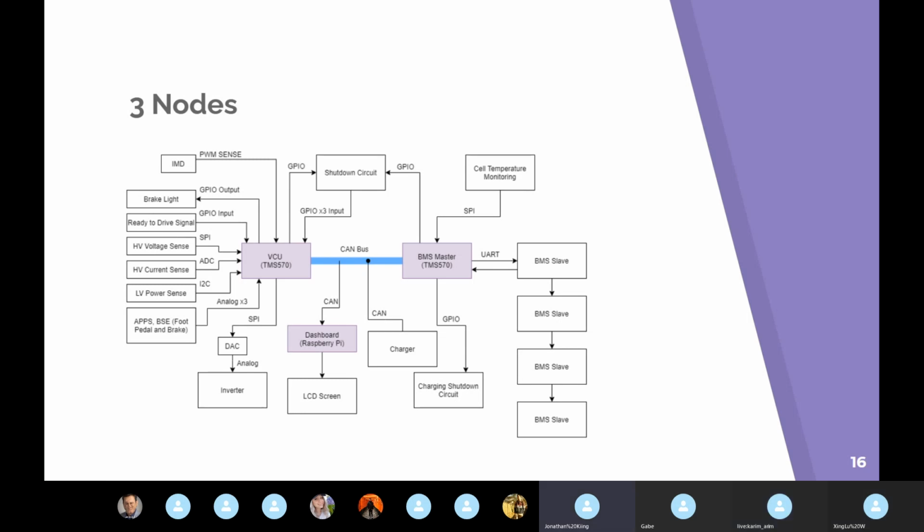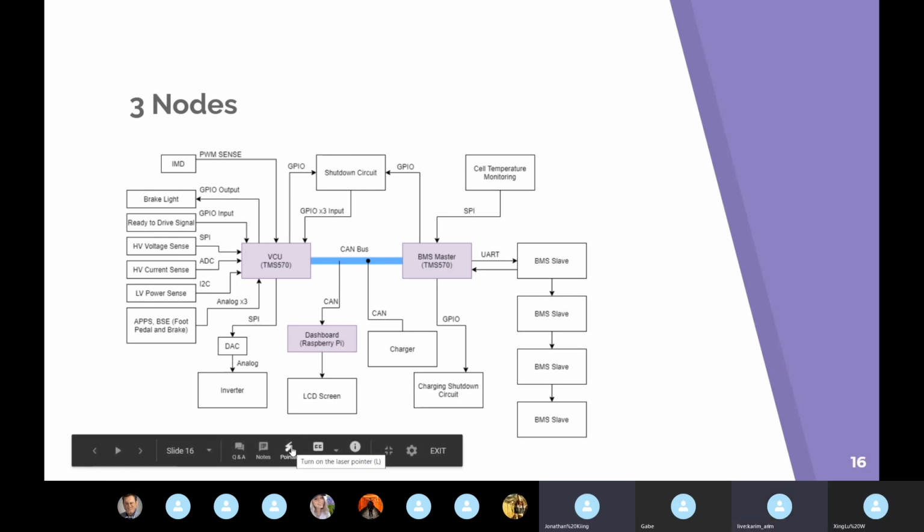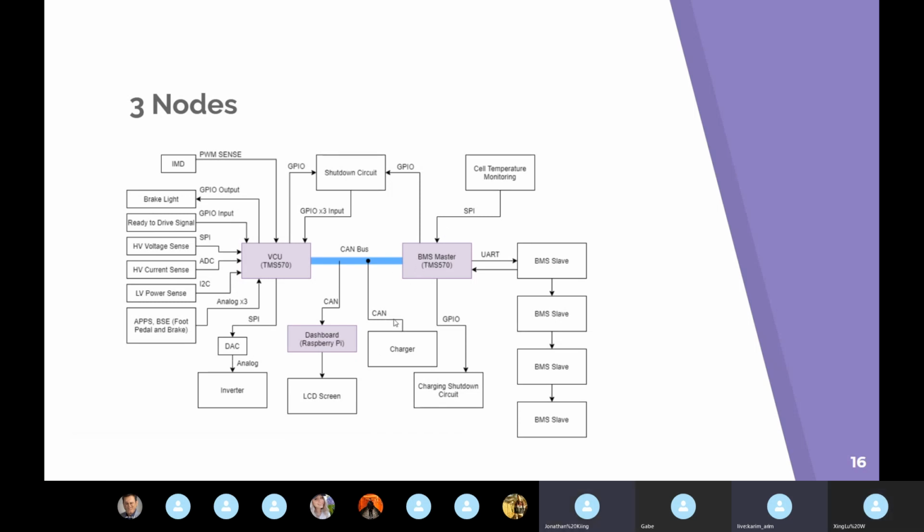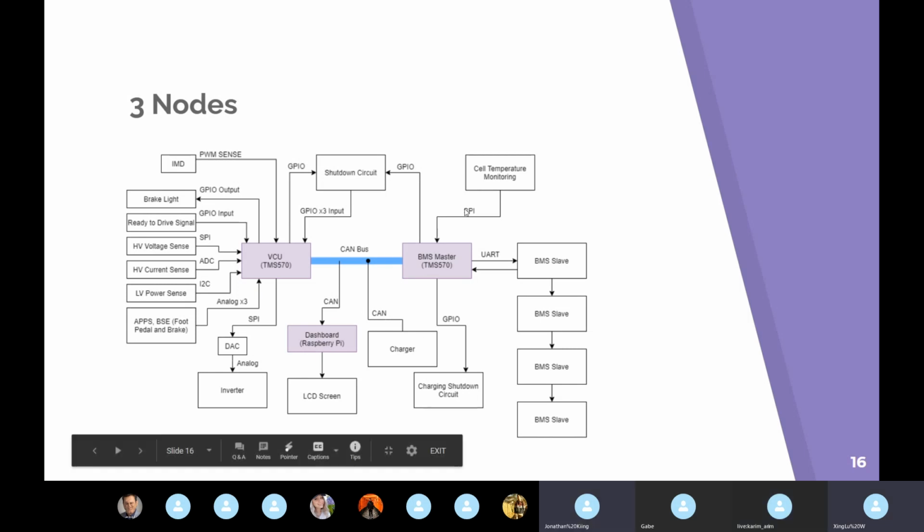So when the batteries are taken out, it switches to the charger. You can forget about everything else on the left. It would just be the BMS master directly connected to the charger only.